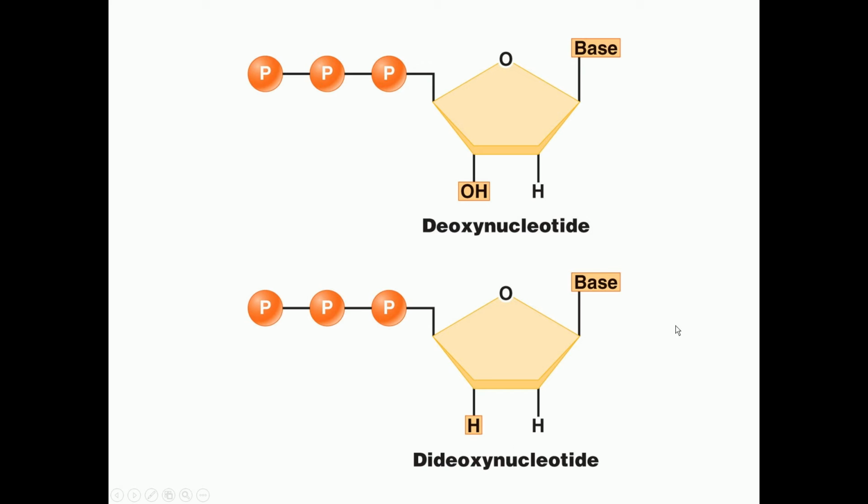In RNA there is OH at 2', but in DNA there is H at 2' and OH at 3'. In a dideoxynucleotide there is H at both the 2' and the 3'. The technique by which DNA sequencing is done involves both deoxynucleotides and dideoxynucleotides. The point to remember is that at the 3' carbon in dideoxy there is an H group, and in deoxynucleotide there is an OH group.